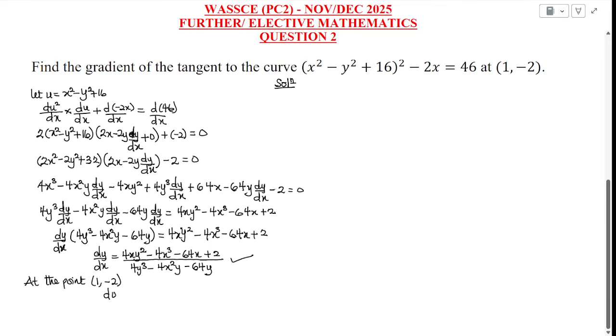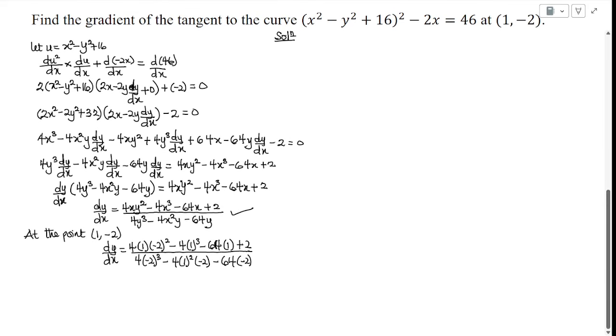So now I can quickly find my derivative, which becomes 4(1)(−2)² − 4(1)³ − 64(1) + 2, all divided by 4(−2)³ − 4(1)²(−2) − 64(−2). So we enter everything and then see how best our answer is going to be.